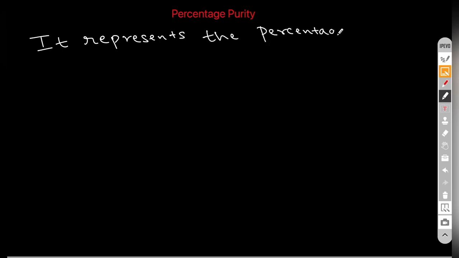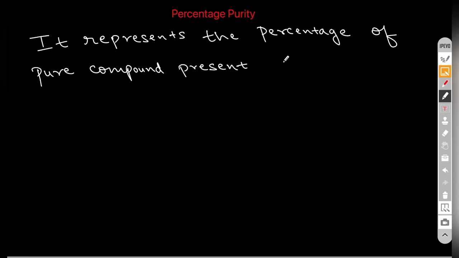Now moving to percentage purity. This is also an important concept. For percentage purity we will write the definition that it represents the percentage of pure compound or pure sample present in an impure sample. So percentage of pure compound present in impure sample.